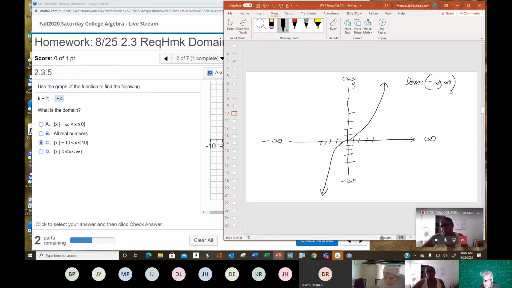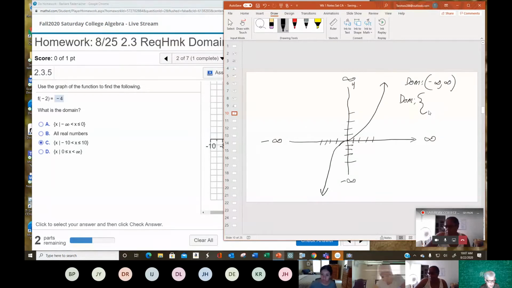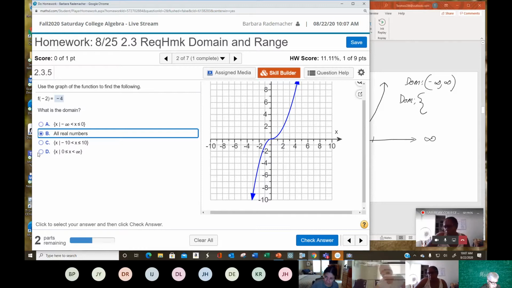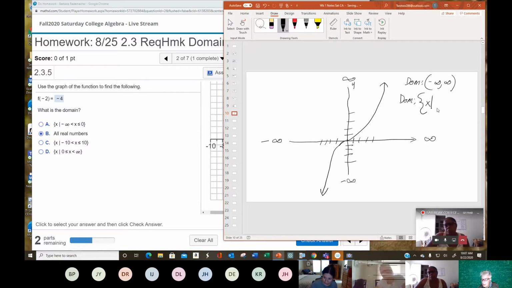Now, in set builder notation, the domain is going to look like, well, they write it differently. No, it's this. It's all real numbers. Often you see x such that x is all real numbers. Are there unreal numbers?